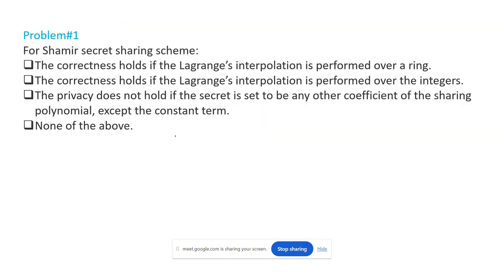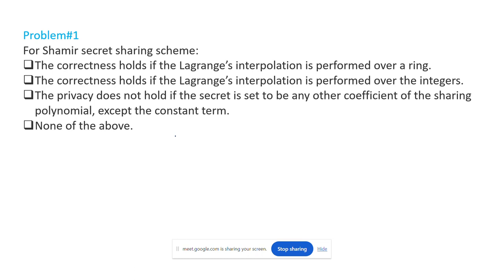Okay, coming to this week's topics. For Shamir's secret sharing scheme, the first statement says the correctness holds if the Lagrange interpolation is performed over a ring. The second says the correctness holds if the Lagrange interpolation is performed over the integers. The third statement says the privacy does not hold if the secret is set to be any other coefficient of the sharing polynomial except the constant term.